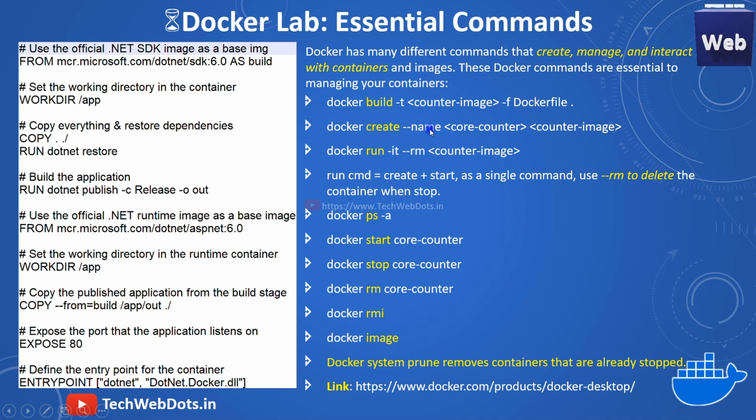But we can use the two-in-one command, docker run, which will create and also run the container. So the run command is equal to create plus start as a single command. rm is to delete the container when the container is in a stop state. docker ps -a to see the containers, docker start to start the container, stop for stopping, rm for removing, and there are many more commands.